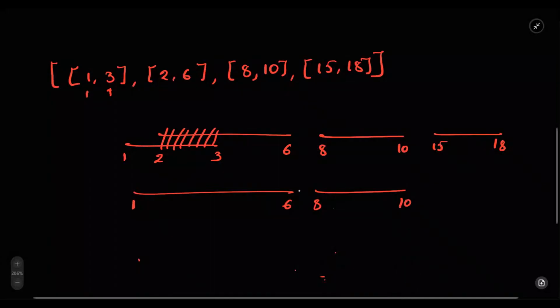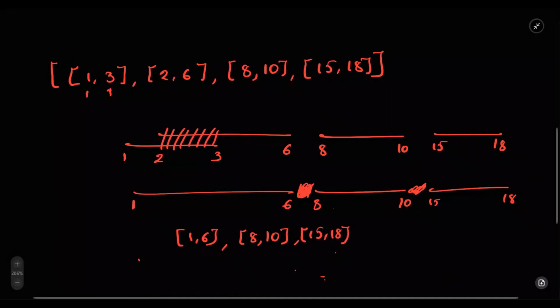And another is this. You can see that there is no intersection. And here also the same thing, there is no intersection. Therefore, at the end, we're going to return our final answer as 1, 6, 8, 10, and 15, 18. And this will be our output.